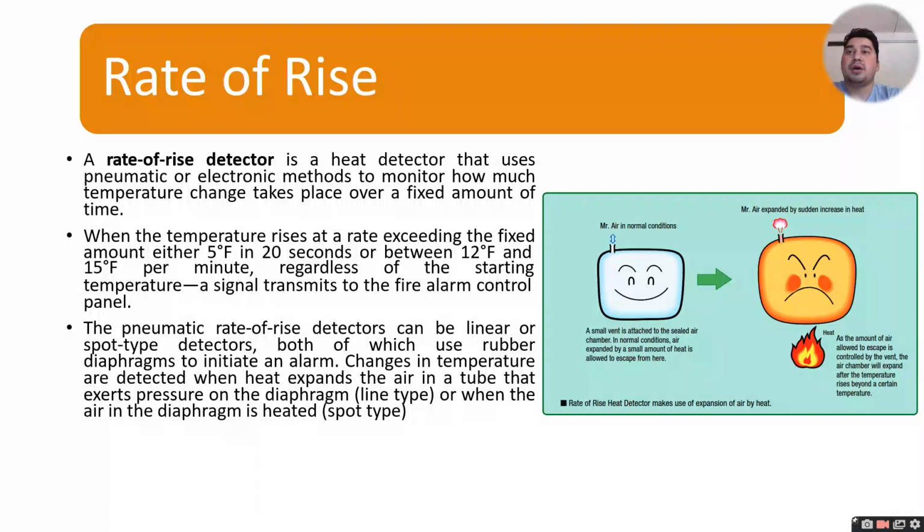Now, rate of rise. A rate of rise detector is a heat detector that uses pneumatic or electronic methods to monitor how much temperature change takes place over a fixed amount of time. When the temperature rises at a rate exceeding the fixed amount, either 5 Fahrenheit in 20 seconds or between 12 Fahrenheit and 15 Fahrenheit per minute, regardless of the starting temperature, a signal is transmitted to the fire alarm control panel.